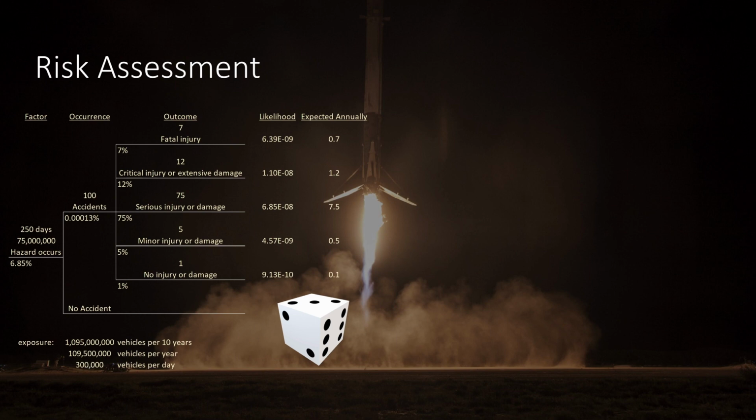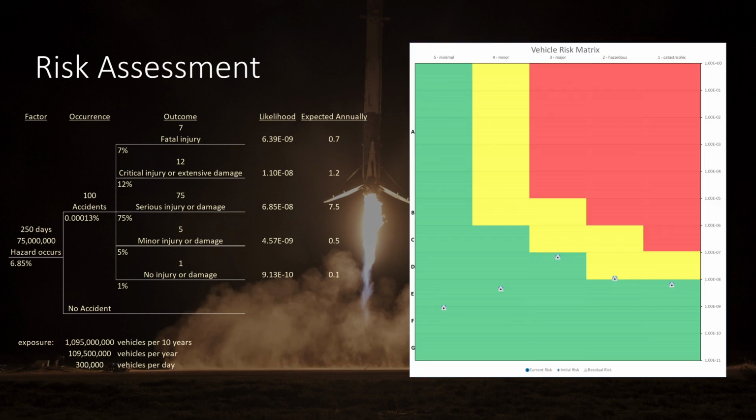So the next step that we're going to look at today is how do we take the information on the screen now and use that to communicate risk through a risk matrix. And this is what that looks like. Just an example of a risk matrix. And again, in subsequent videos, we'll take a much closer look at what a risk matrix is, where does it come from, what are its capabilities, and also what are its limitations.